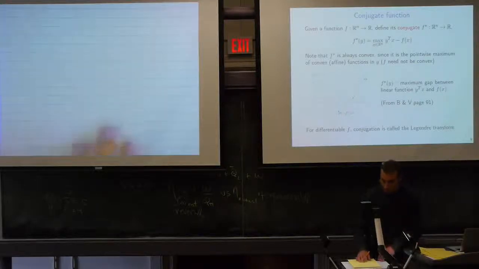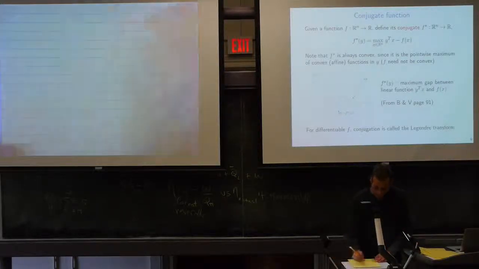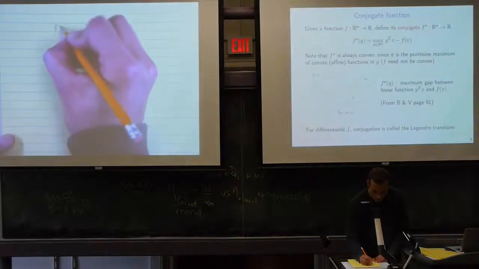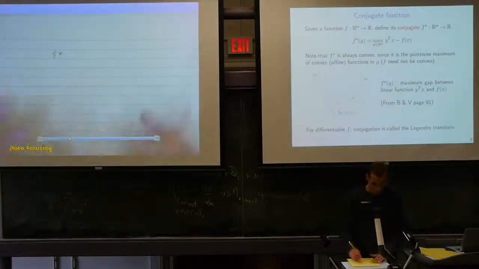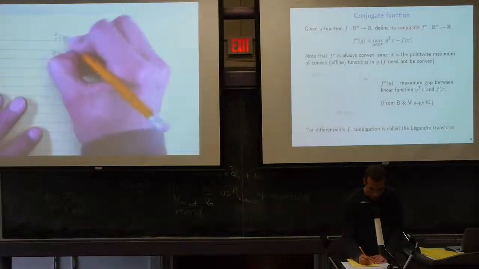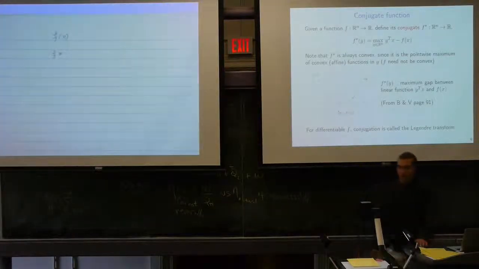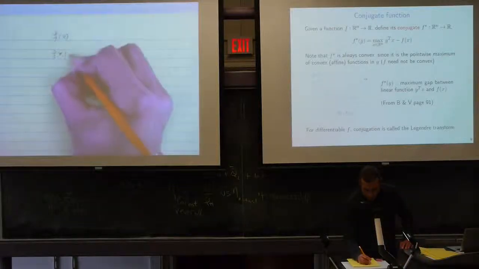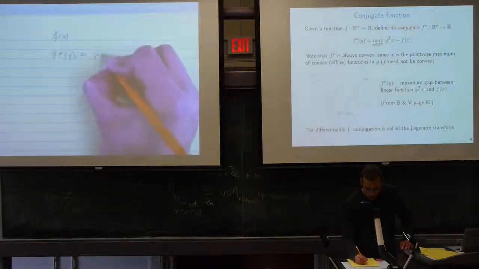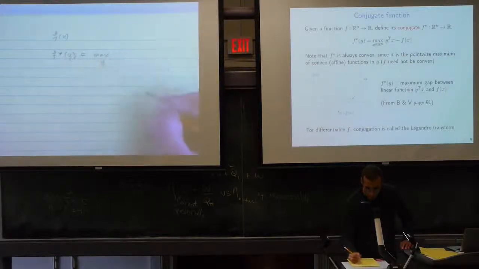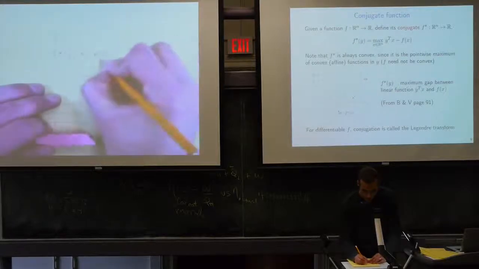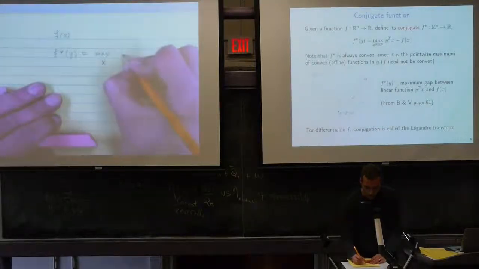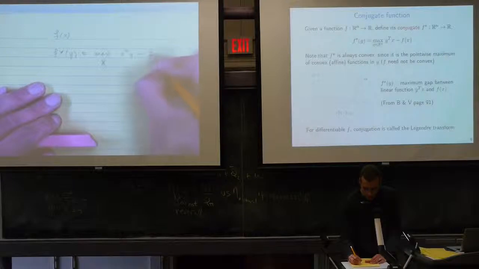Okay, conjugate functions. This is going to be a very useful thing to know for deriving duals. It's going to be like a dual helper. So I have a function f, and I'm going to define its conjugate. Its conjugate is another function, defined as the maximum over all points x, as a function of y, of x transpose y minus f of x.